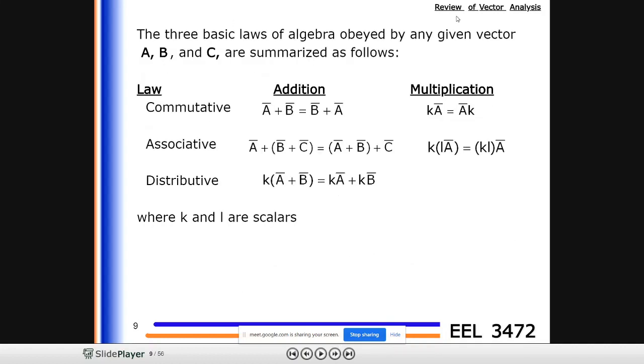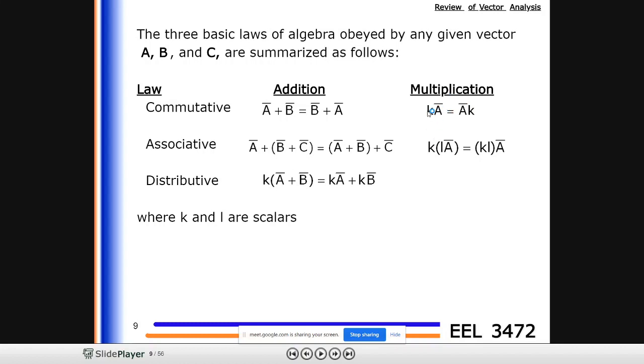Now see this, three basic laws of algebra are obeyed by any given vectors A, B, C. These things you know. Commutative law: A vector plus B vector and B vector plus A vector are both equal. The associative law is obeyed here, and the distributive law: K times A vector plus B vector.